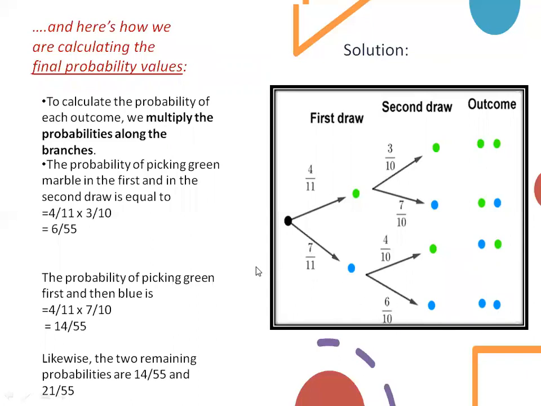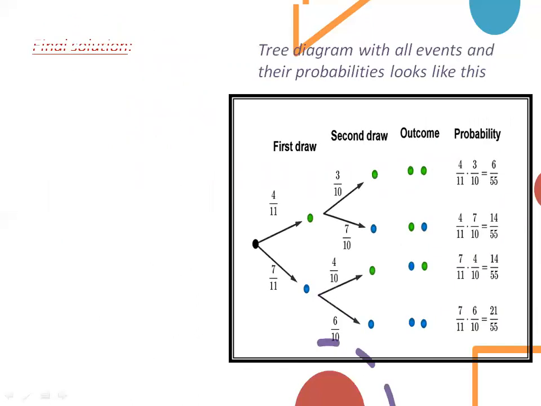Okay? So here we are writing all possible outcomes and their probability values in one tree diagram. We have calculated all the probability values of those outcomes, and I have shown you how I have calculated.